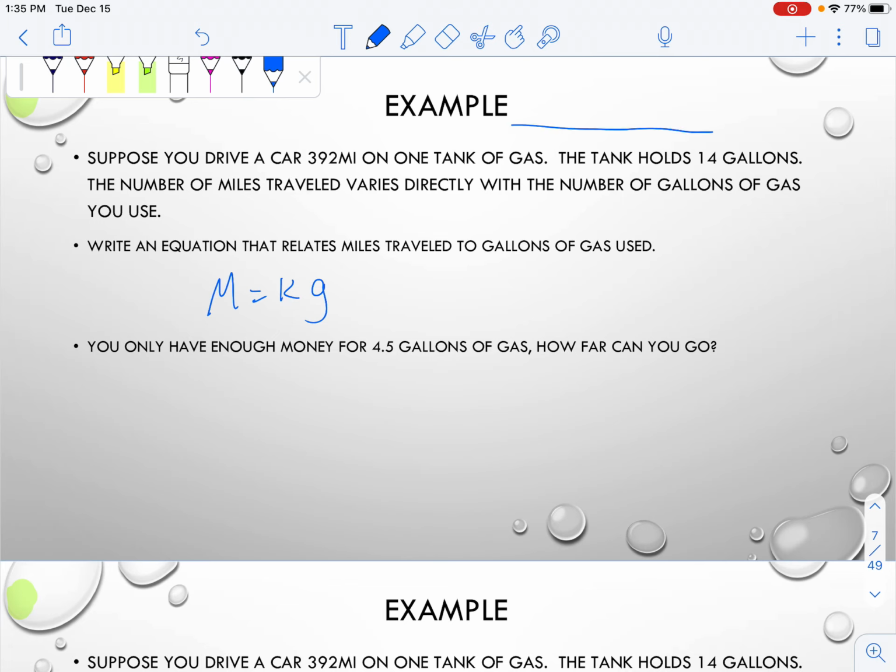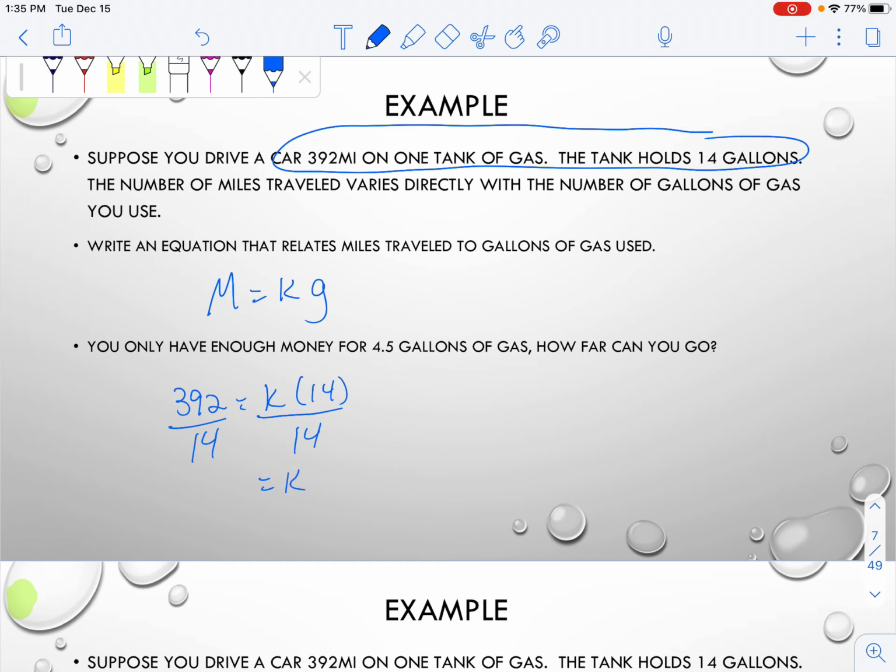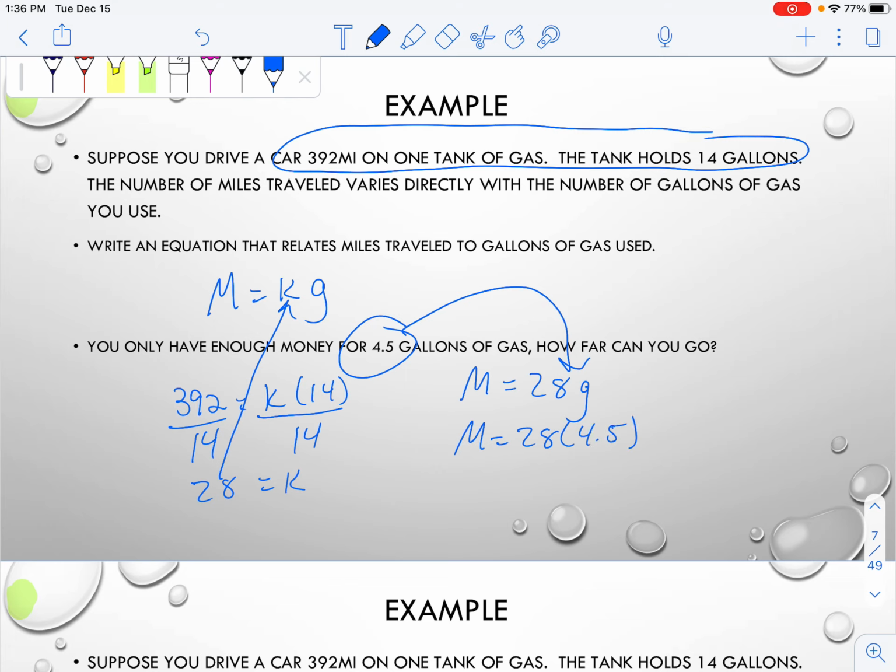Let's plug in our fact here to solve for K. Isolate K, 28, and then substitute that back in to your original. Then 4.5 gallons, substitute in for G. Crunch the number, 28 times 4.5 gives you 126 miles.